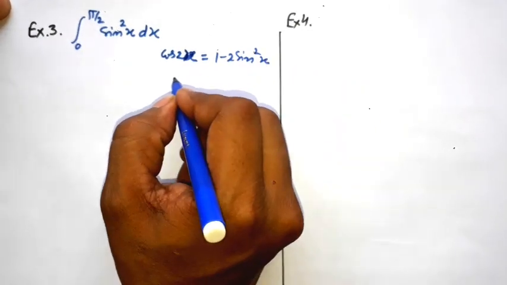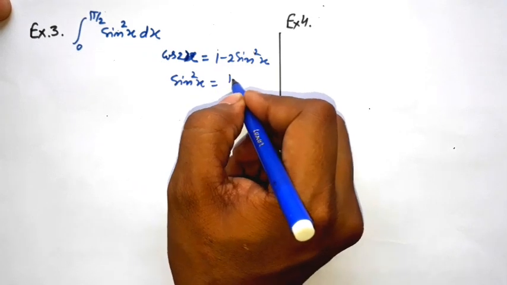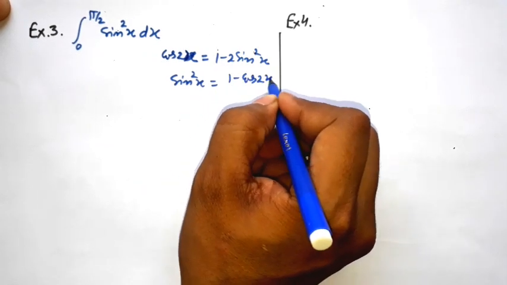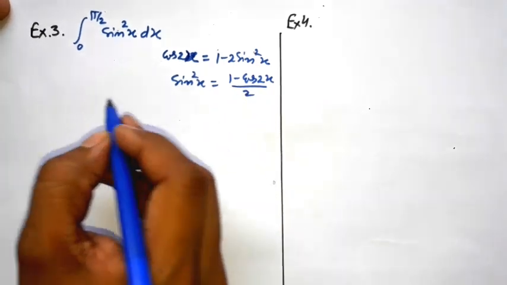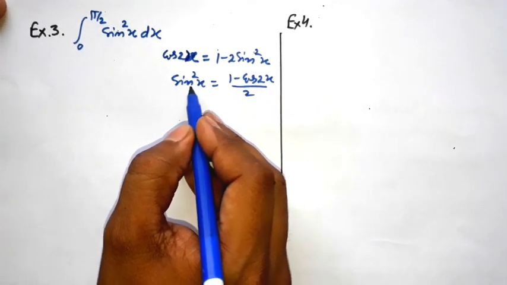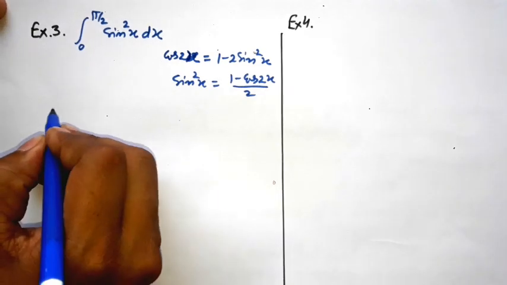Then from here we will calculate the value of sin square x, that is 1 minus cos 2x upon 2. So we will put this value of sin square x in the above equation, then we will integrate.